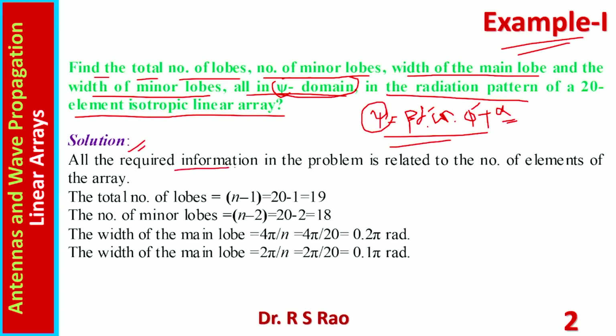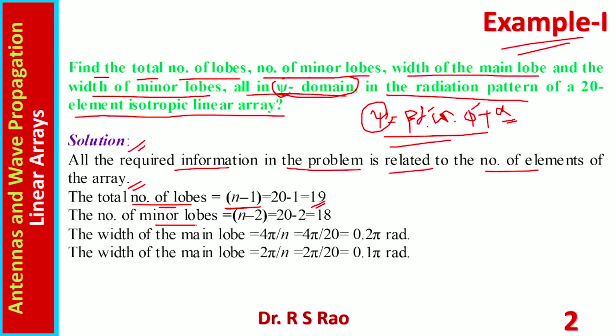All the required information in the problem is related to the number of elements of the array. Total number of lobes in psi domain is given by N minus 1. N here is the number of elements of the array, given as 20. So total number of lobes is 19.